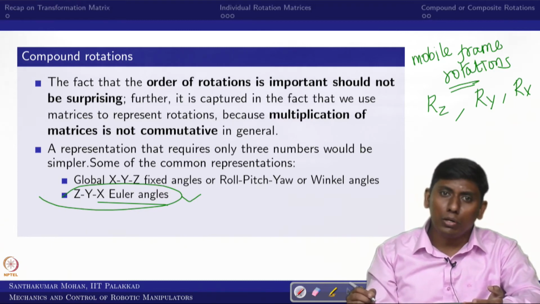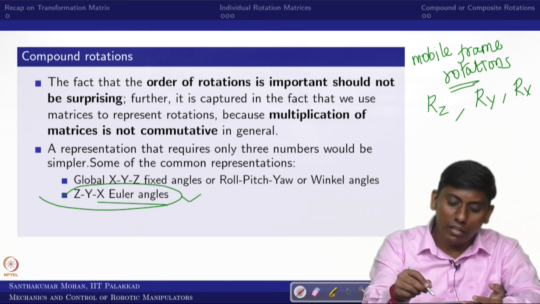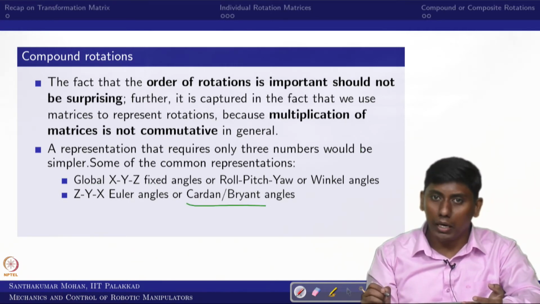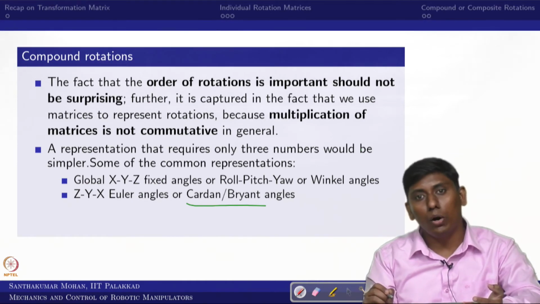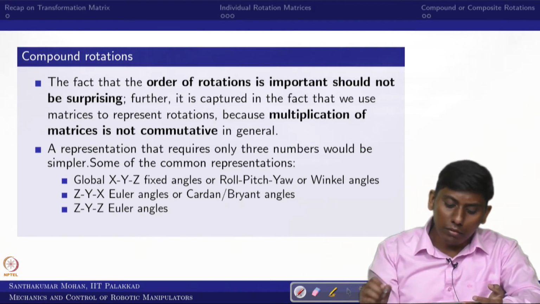Some people call this local RPY, but local RPY is slightly different, and we will see that in the next convention. This was given by Cardan or Bryant, so some people in the European community call this the Cardan angle or Bryant angle. These are the same as ZYX Euler angles. Let us move to the next one.